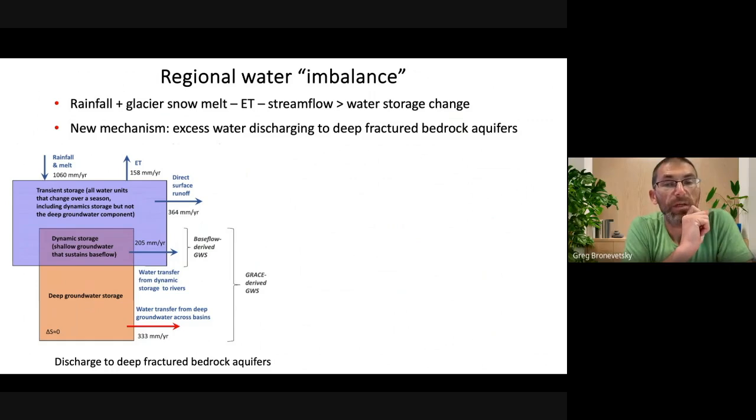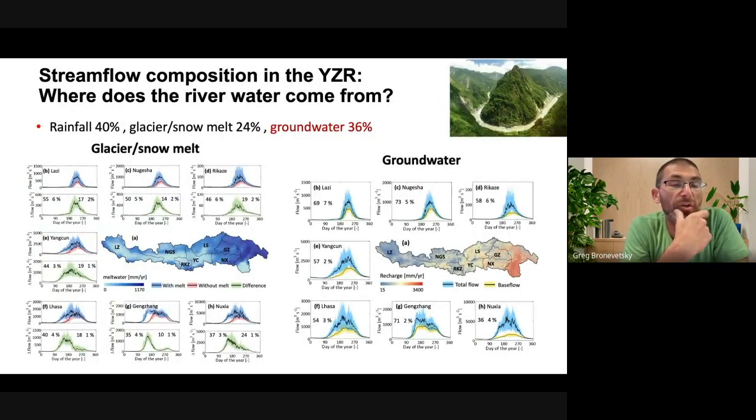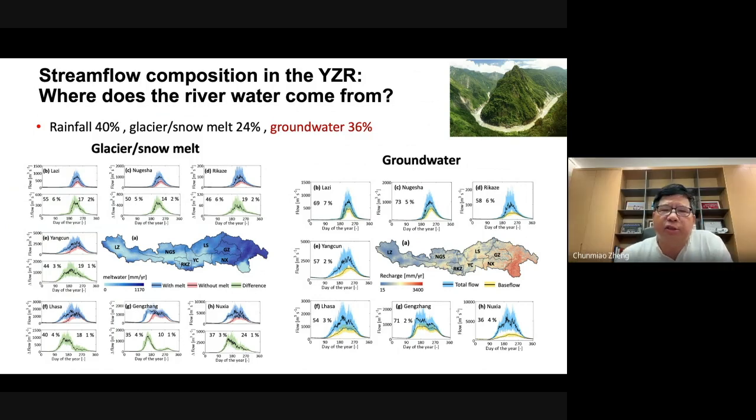How much do you need to know about the underground geology in order to do these models? Because this is a very large area with very different geology, and the underground porosity and that kind of stuff. Yeah, as I mentioned, that's really the challenging limitation of this type of study.